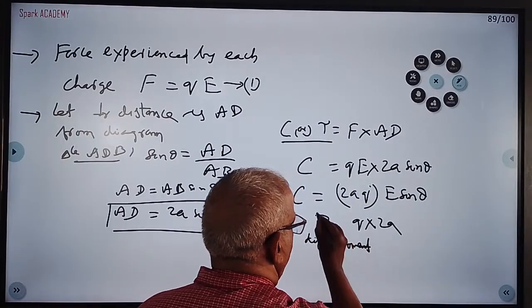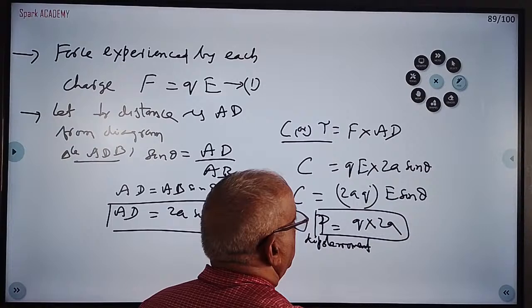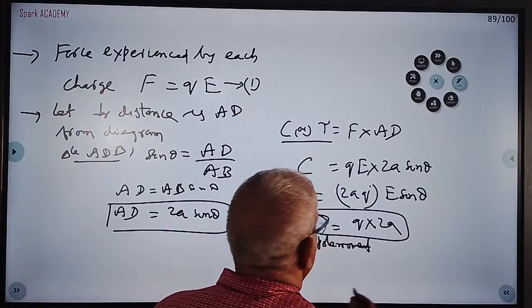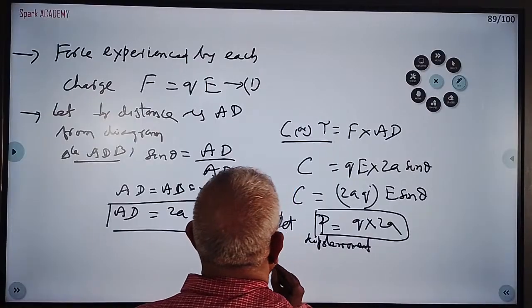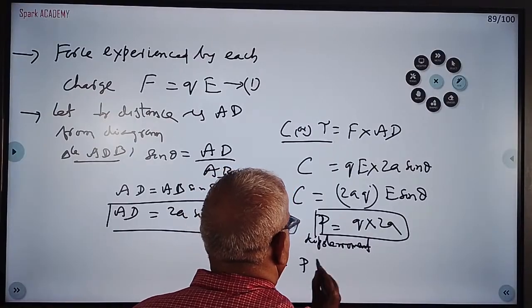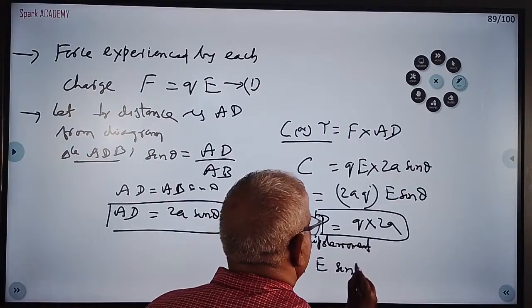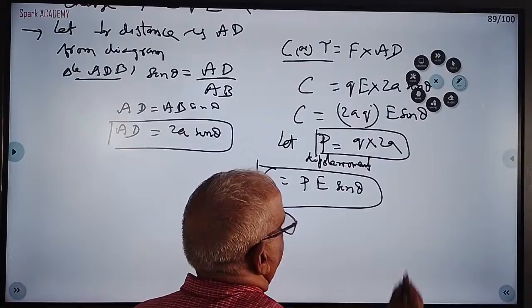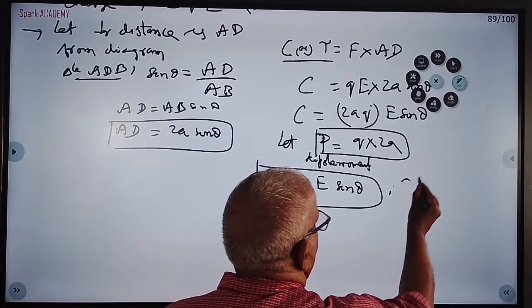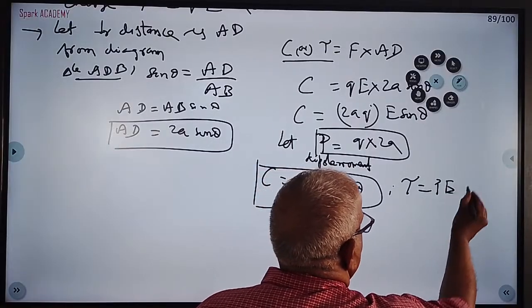Dipole moment is charge into the distance between them, the length of the dipole. Therefore, the final answer is C equal to PE sin theta. Couple or torque is PE sin theta.